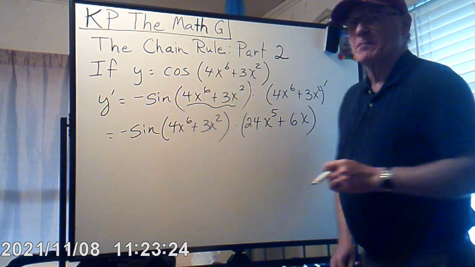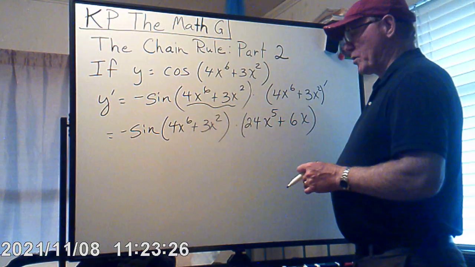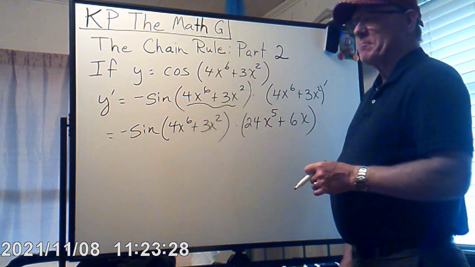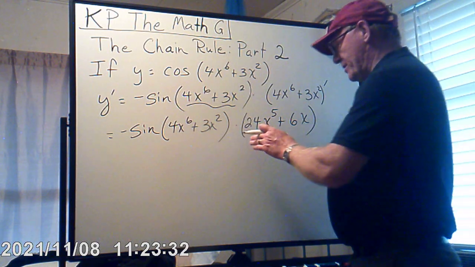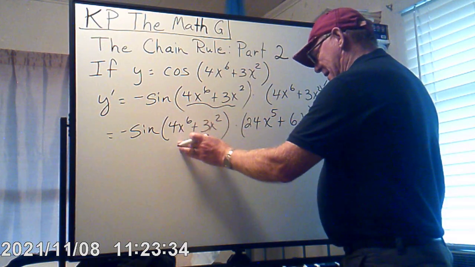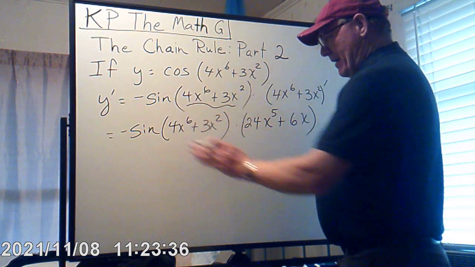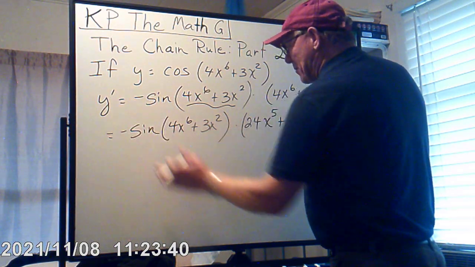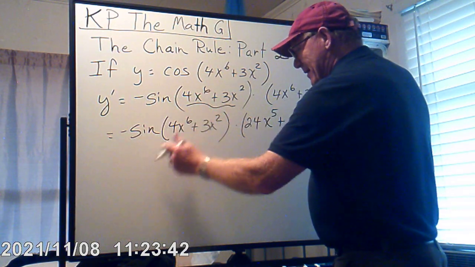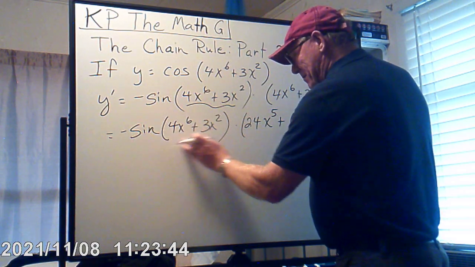Now please, please, please do not, and I repeat not, make a mistake and try to distribute this with this. If you didn't have the negative sign there, that would be okay, but you have this. This is an argument here.